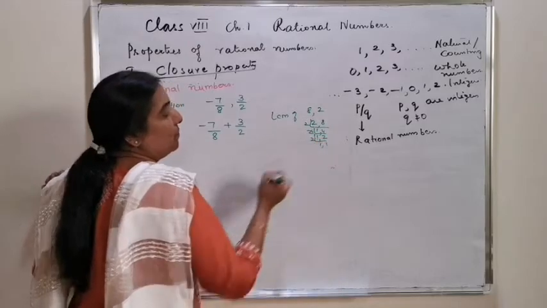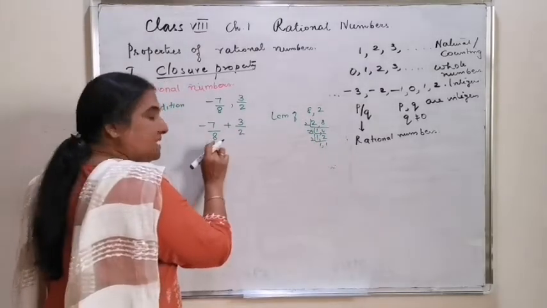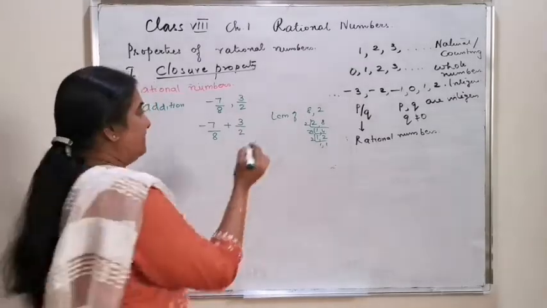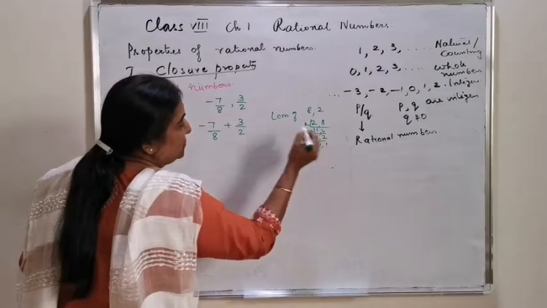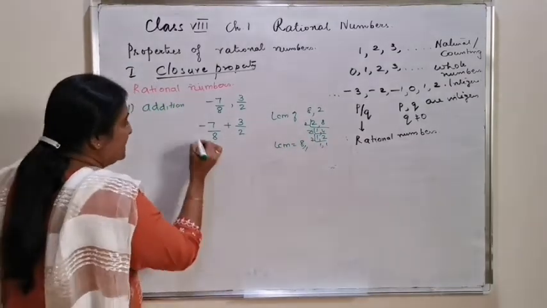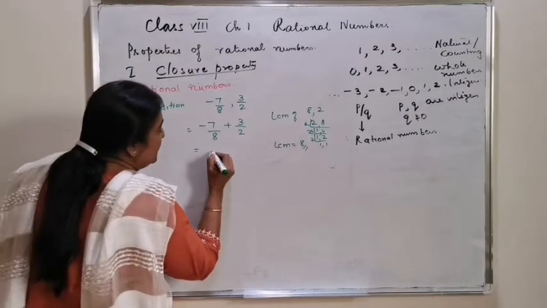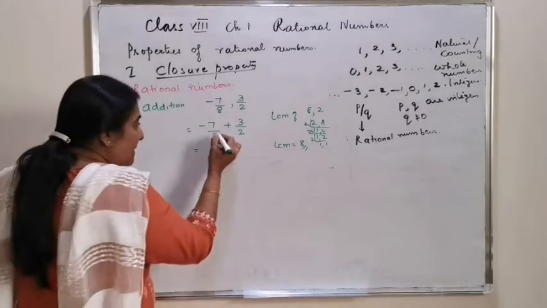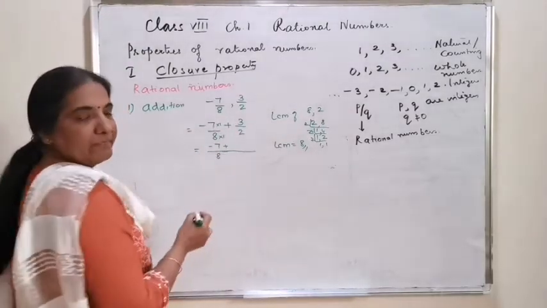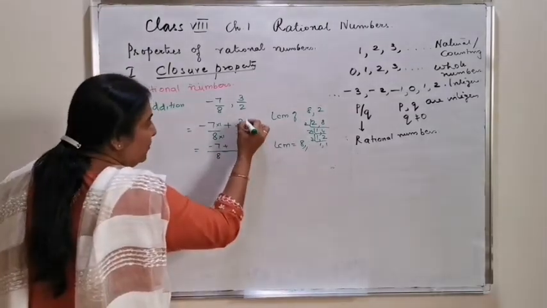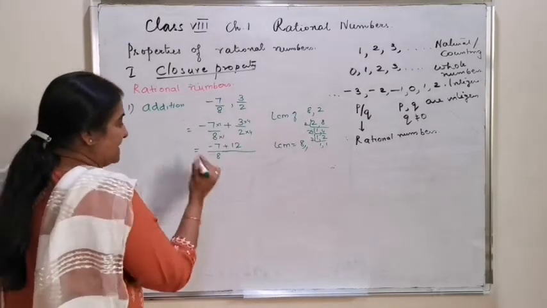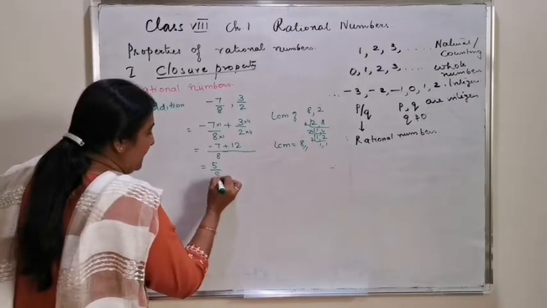Since 8 is a multiple of 2, the LCM is 8, that is 2 into 2 into 2. Into 1 is minus 7. Into 4 is 12. 12 minus 7 is 5 by 8.